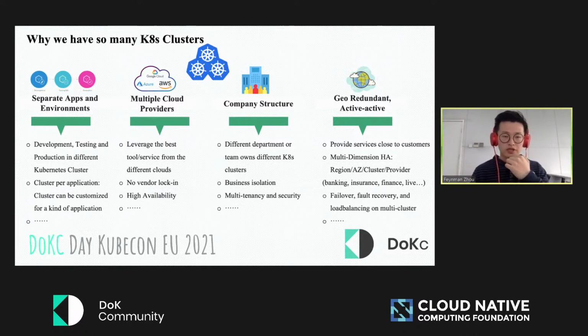So in addition to these parts, you may want to get failover, fault recovery, and load balancing on multi-cluster. All of this makes you adopt multiple Kubernetes clusters in production.